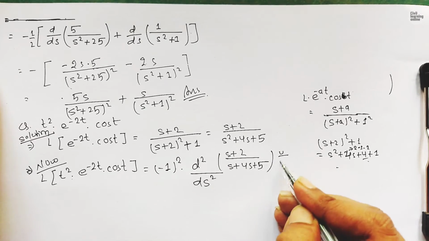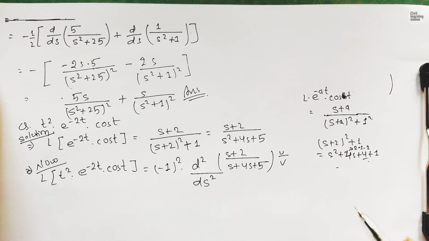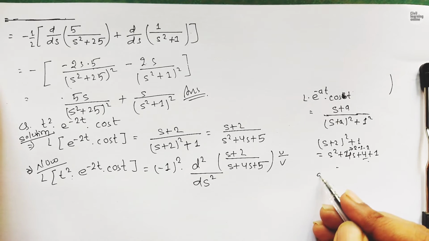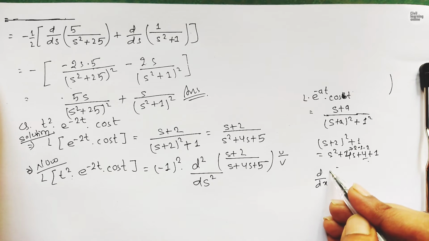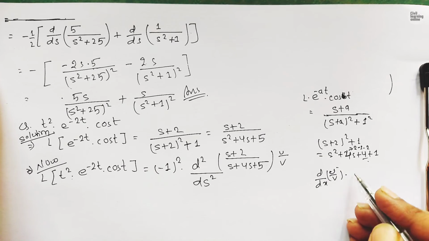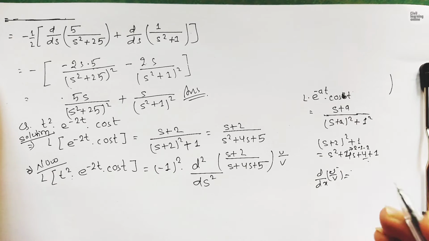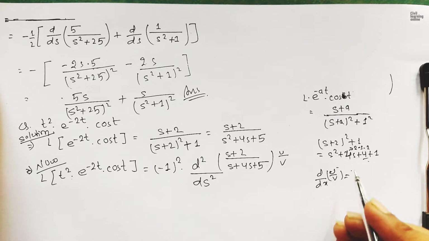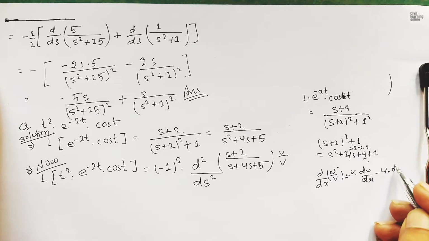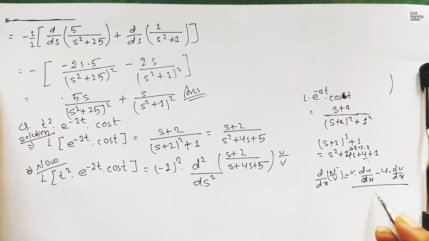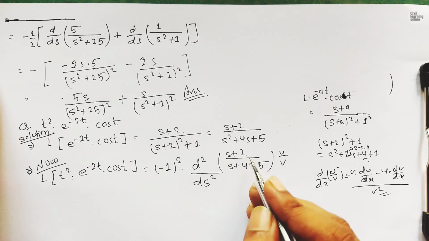This is in u by v form, and you know the formula for finding the derivative of u upon v with respect to x, which will be given as v times du upon dx minus u times dv upon dx, upon v square. So we are going to use this formula for finding the derivative of this term.